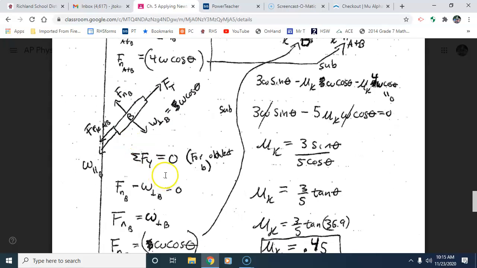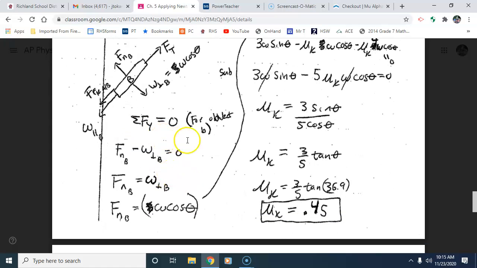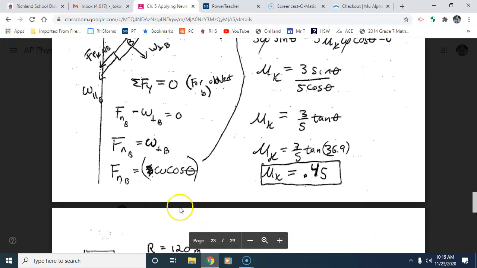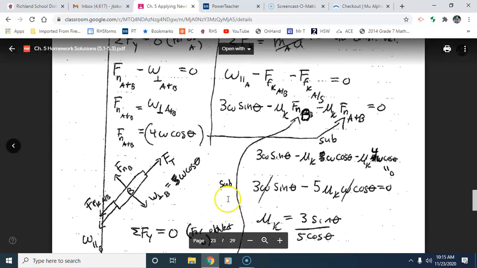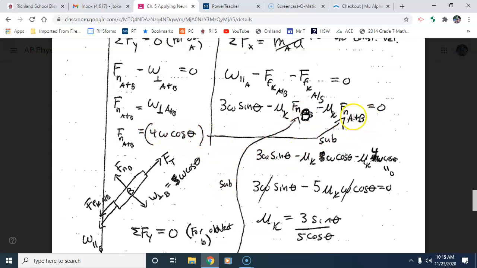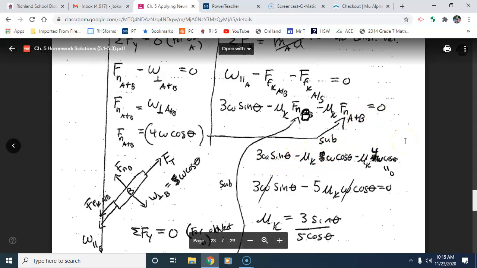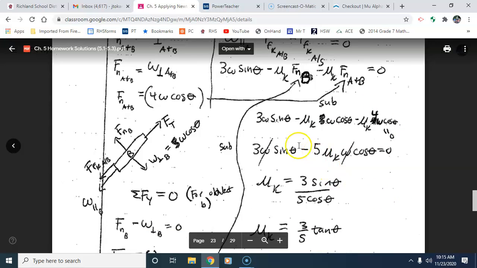So when we do the sum of all forces on the y-axis for block B, we see that the normal force does equal just that perpendicular component of B. So now I can substitute in W cosine of that angle, because object B was defined as weight W, into here. And from my first step, I'm going to substitute that into here for the normal force, and that's still all equal to 0. Remember, my goal is to solve for mu K.